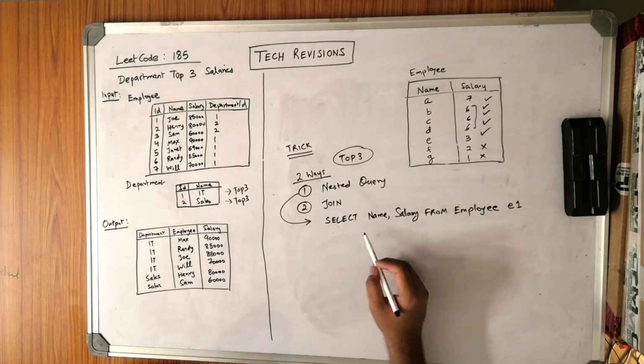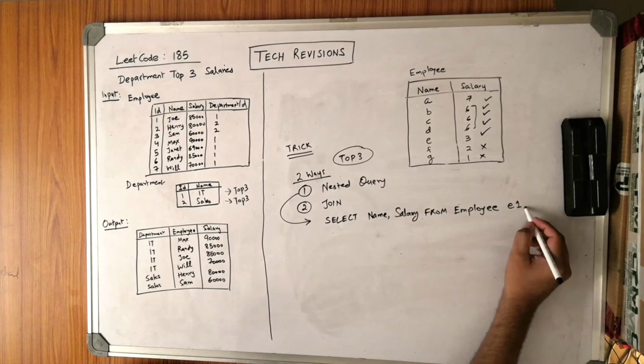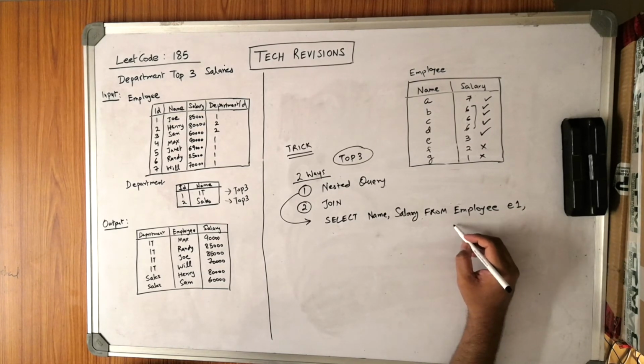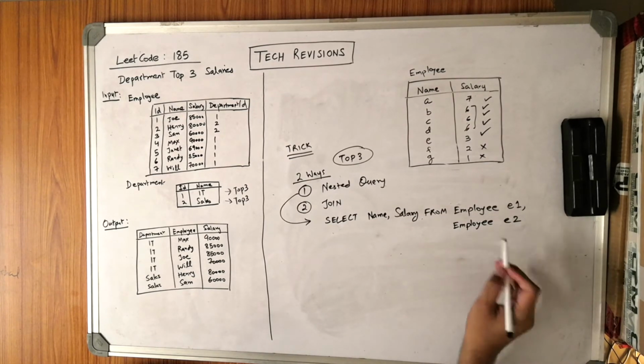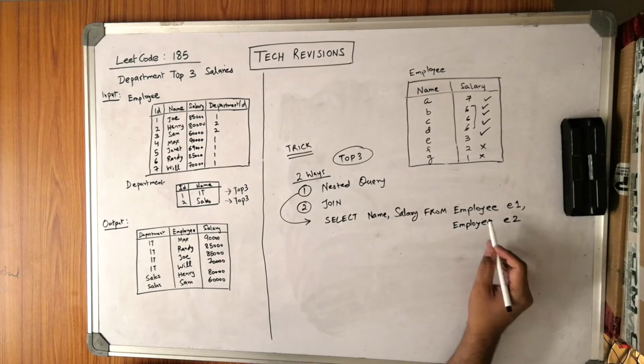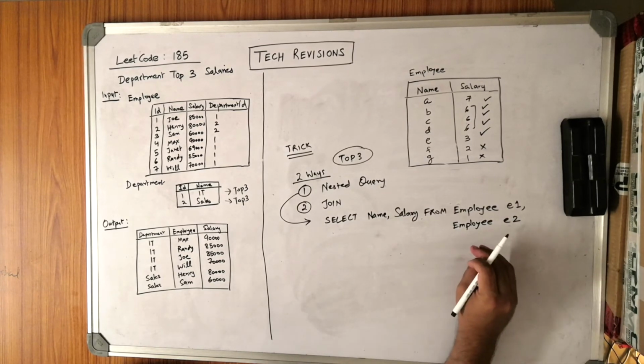So I'm going to do select name, salary from employee E1, employee E2. When I'm putting a comma, automatically this table is getting joined with its own self, right?